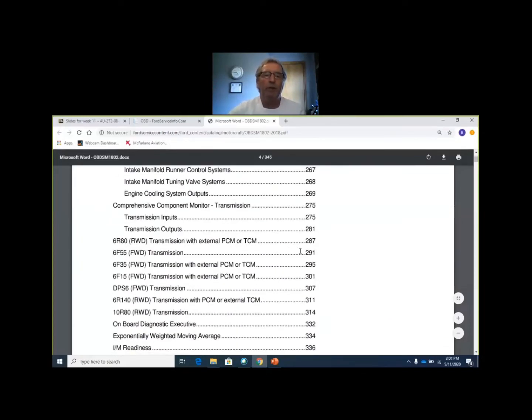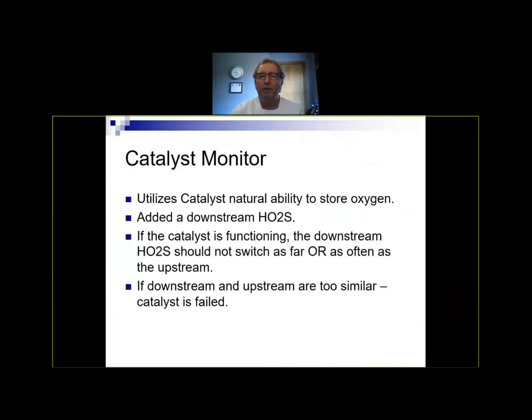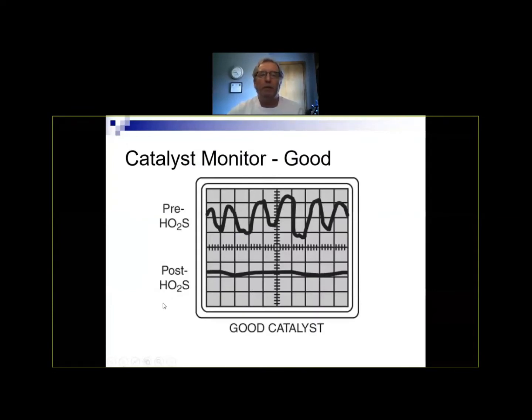So we were talking about the catalyst monitor, and if I go back to my slides, here is a picture of an oscilloscope screen. Because of the labs I've put out, you've actually seen screens that look like this, so hopefully you understand that this squiggly line at the top is a voltage level that is varying, going higher, going lower. So one channel of our scope would be attached to the oxygen sensor in front of the catalytic converter.